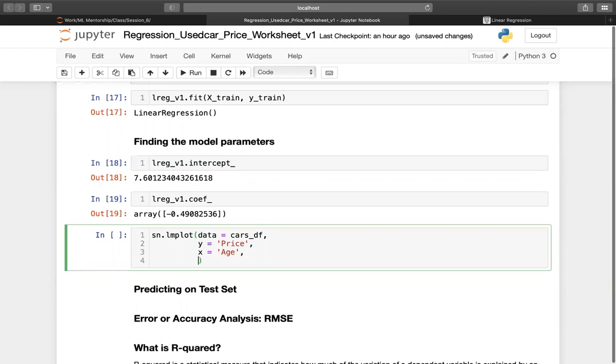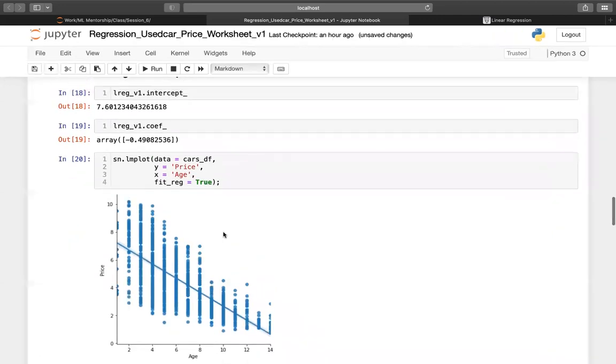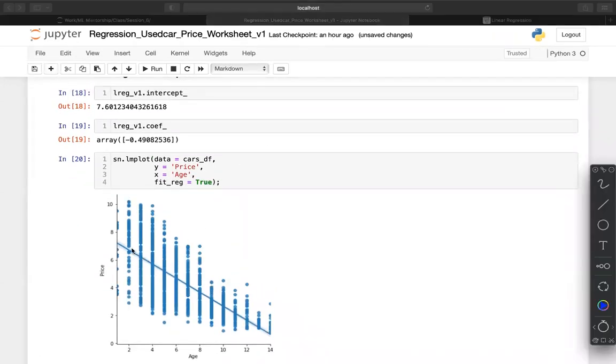There's an option called fit_reg, which you can set to True, and yes, this is the line. That's a regression line, the best fit line. You can see the intercept is about 7.6, and the slope here is about 0.49. So delta y by delta x would be 0.49, negative because it's reducing. This is accurately found by the linear regression model.